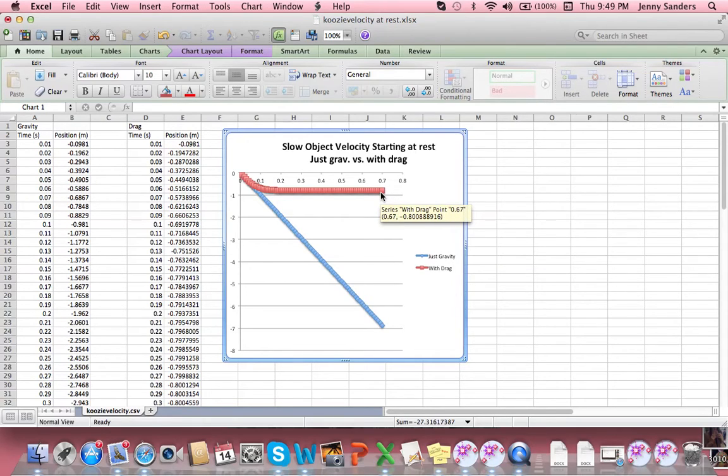And you can see that the koozie one, the slower moving object, actually reached a terminal velocity due to the drag, unlike the one that was just affected by gravity. So to answer the what-does-it-mean question, with the velocity versus time model, the model with the drag actually resulted in a terminal velocity of negative 0.8.